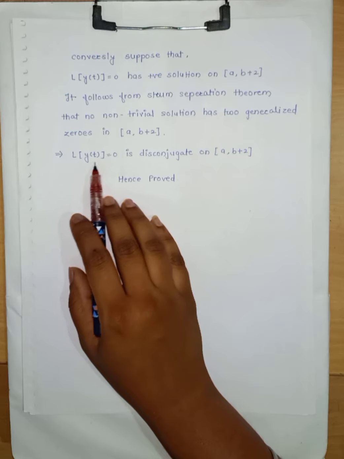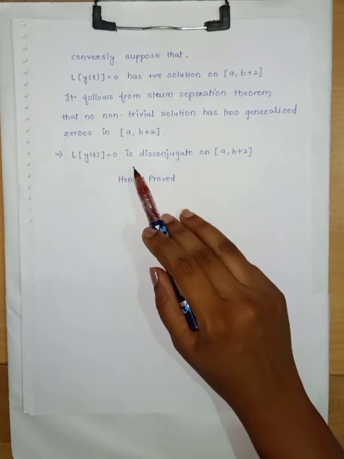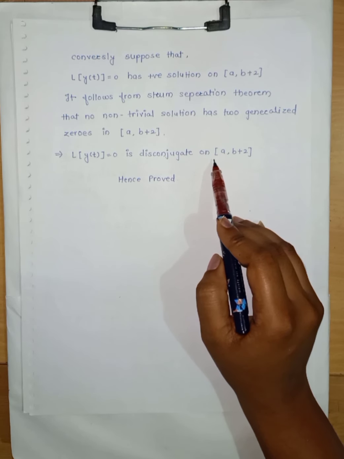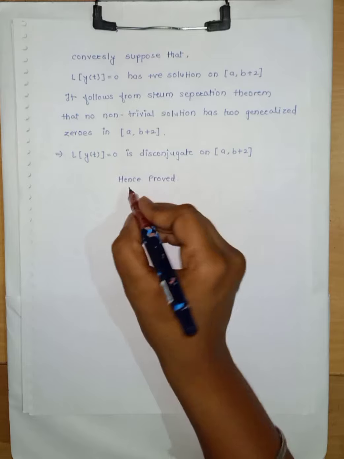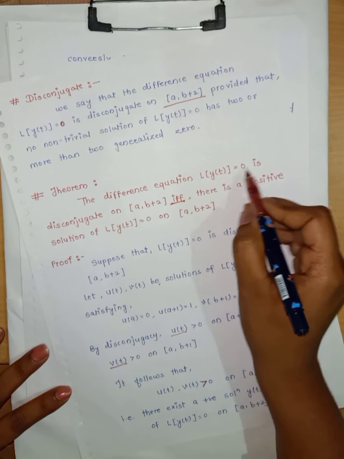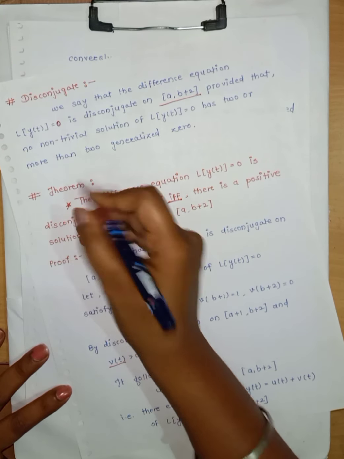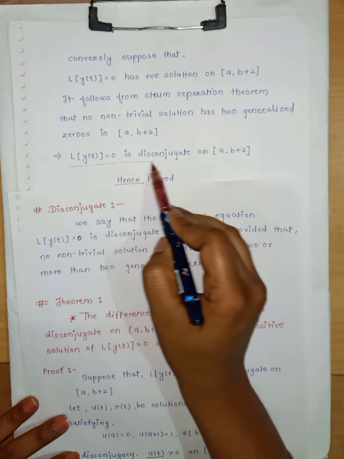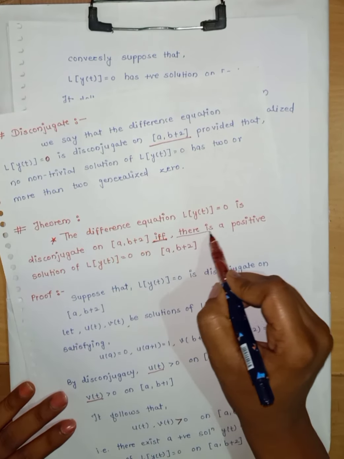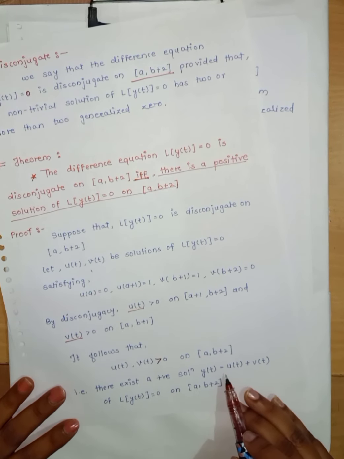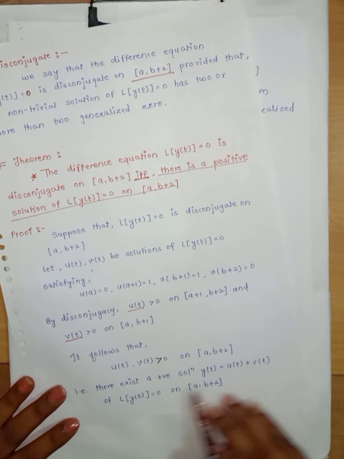That implies L of y of t equals to 0 is disconjugate on the closed interval [a, b+2]. This was our first statement. So hence proved that the difference equation L of y of t equals to 0 is disconjugate on [a, b+2]. This was the second that we have proven here, and this was our first proven statement that there exists a positive solution u of t plus v of t of L of y of t equals to 0.